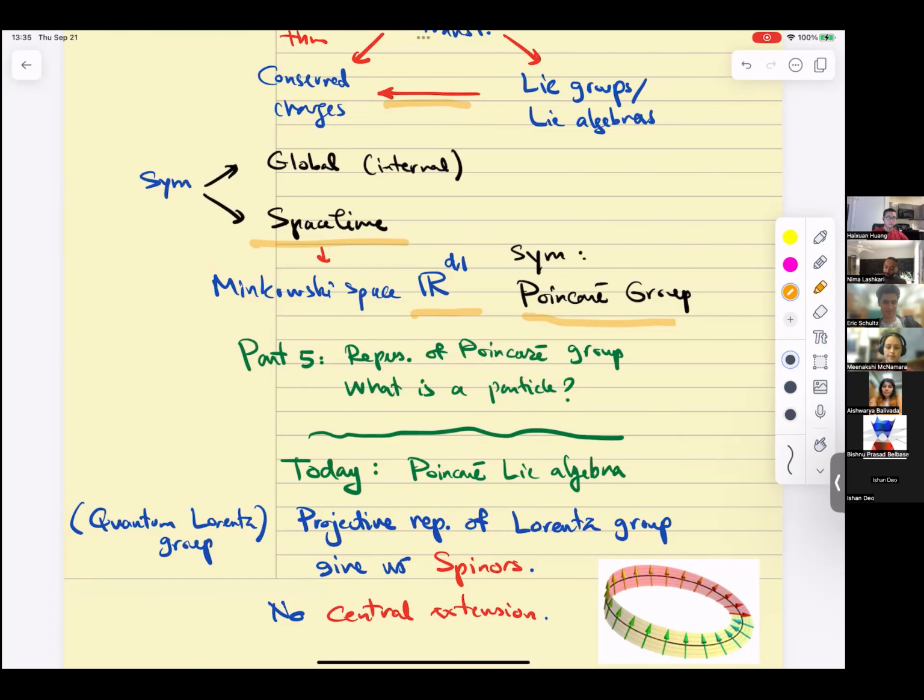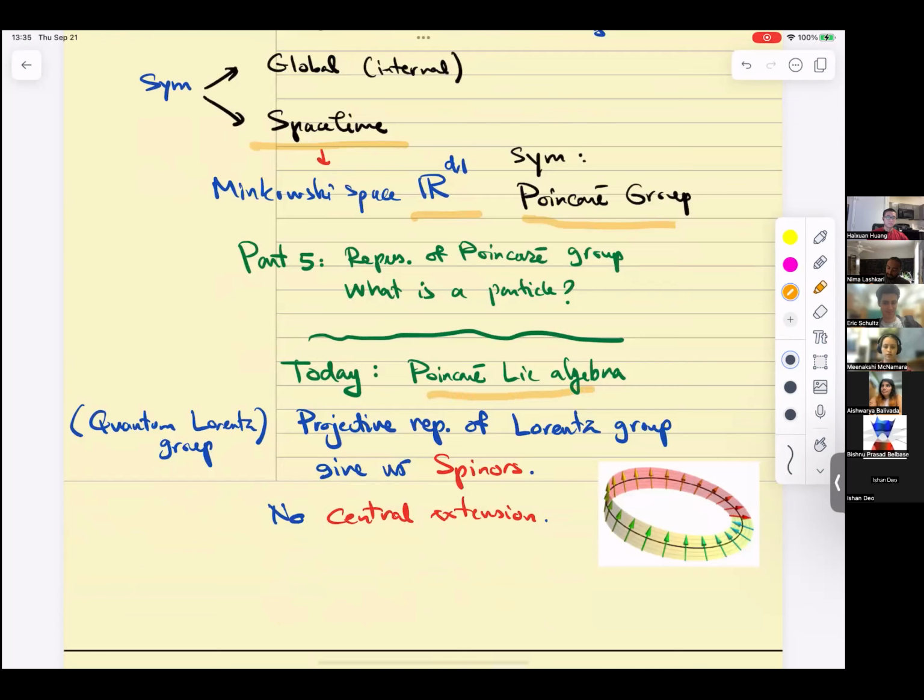All right, so today we're going to study Poincare Lie algebras. We're going to look at the projective representations of the Lorentz group. As we said, we need projective representations, motivated by quantum mechanics. One motivation for why we should care about projective representations is quantum mechanics.